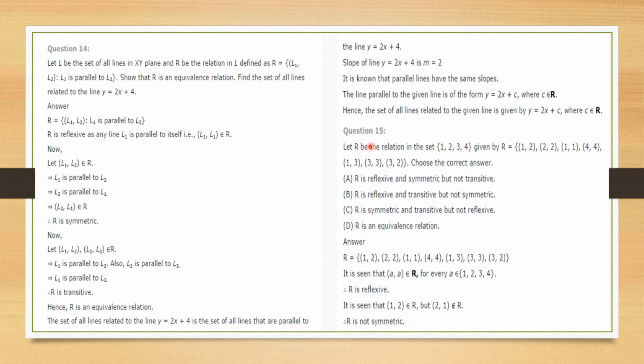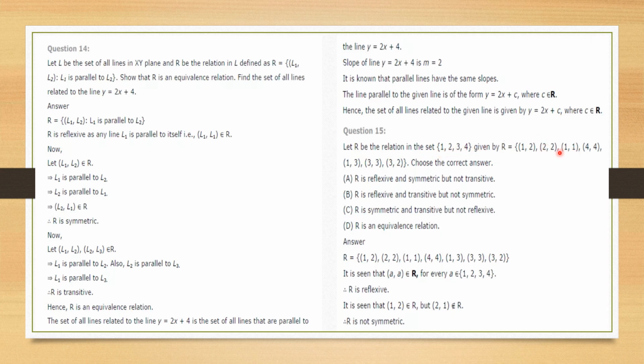Let us see question number 15. Here R is a relation on the set {1, 2, 3, 4} given by this relation. I have to pick the correct answer out of these, and again check the nature: reflexive, symmetric and transitive. Let us quickly check. Can you find (1,1), (2,2), (3,3), (4,4)? All should be there.